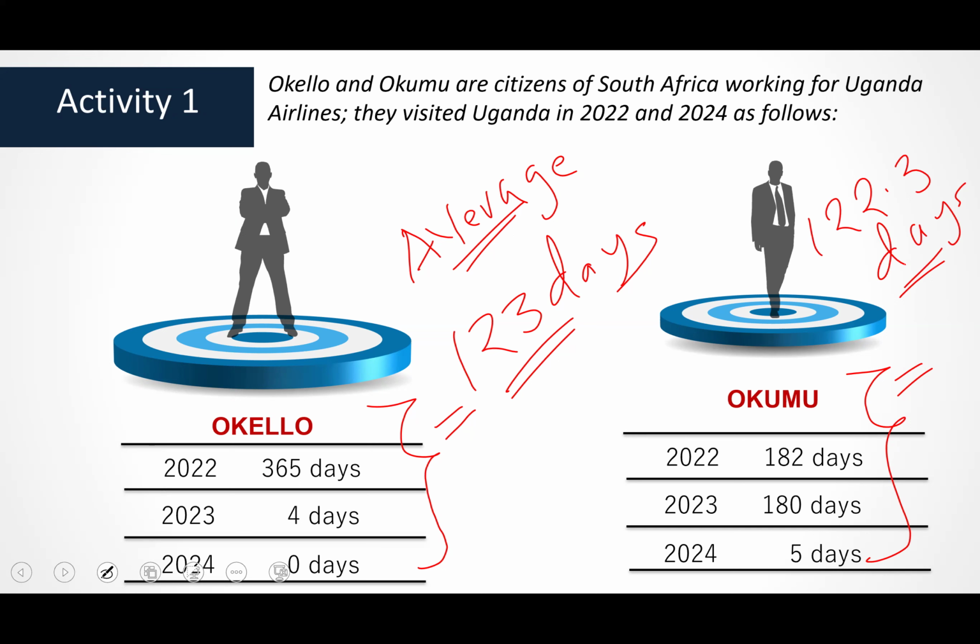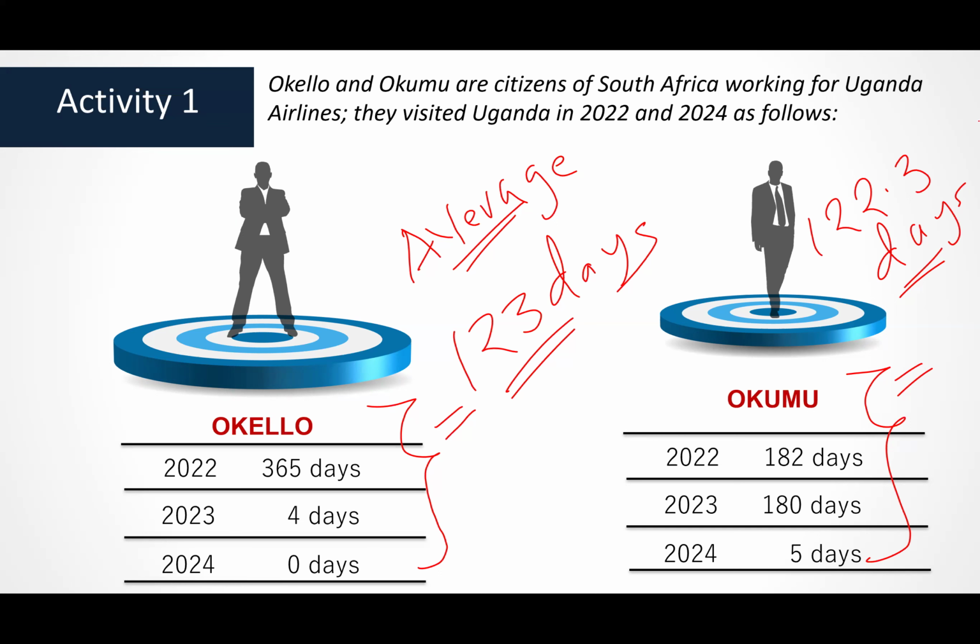So now my question is, who do you consider to be resident for the year 2024? Okay. Someone is saying Okumu. In the chat, I have Okumu and both.